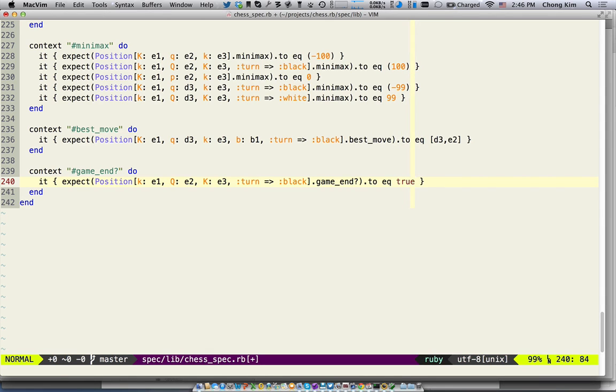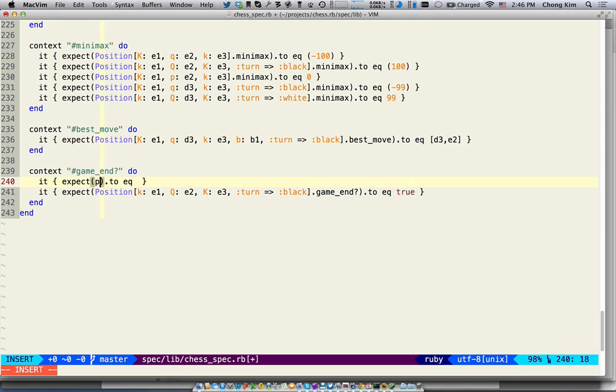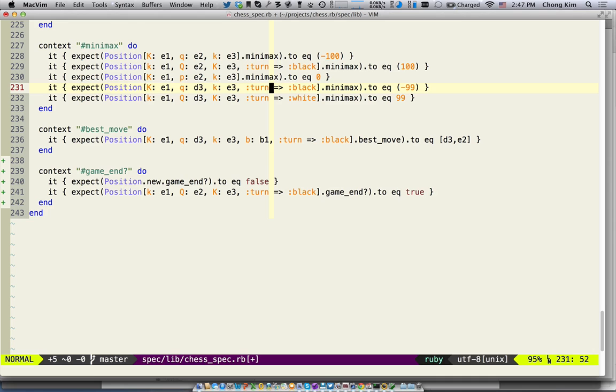If you have a brand new position, game end should be false. If you have a stalemate position, let's see the stalemate position.